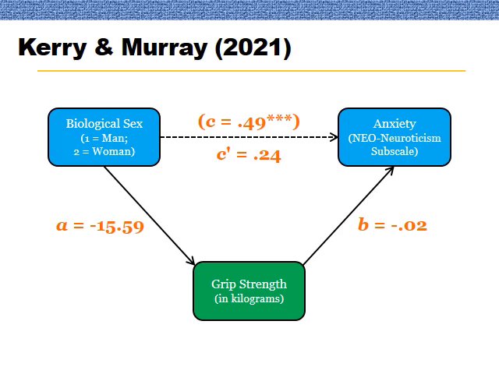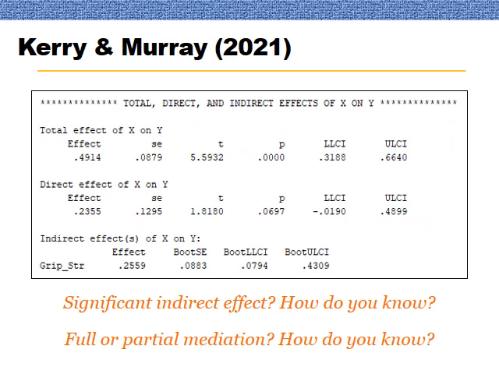And finally, our direct effect, C prime, which was equal to 0.24, this part of the output tells us that the direct effect was not significant, with a p-value of 0.070. So here we have a significant total effect, 0.49, with a very small p-value.